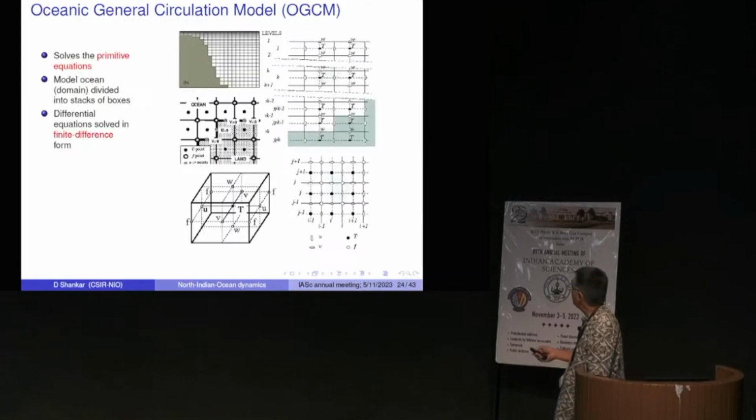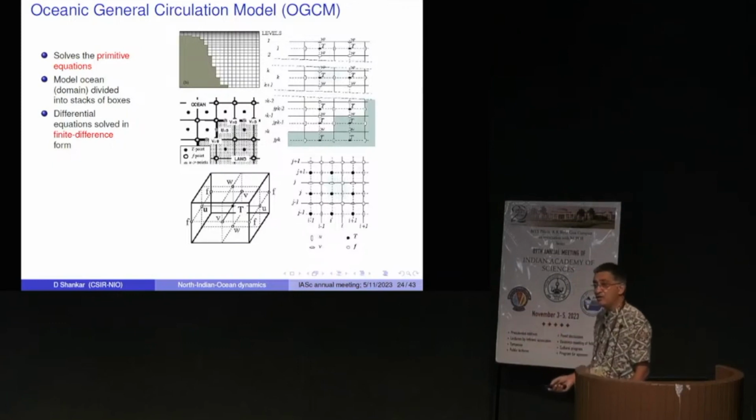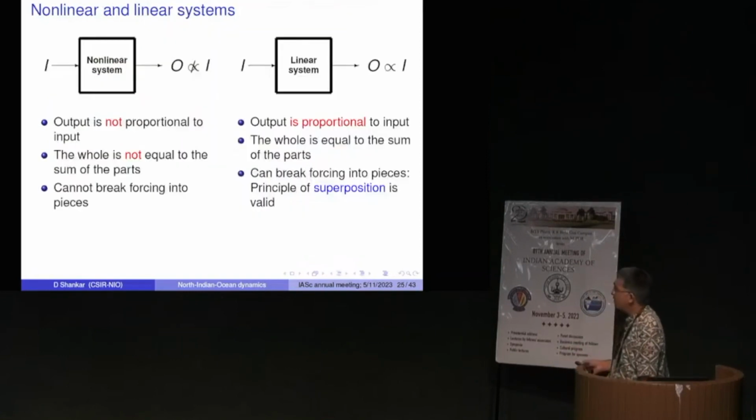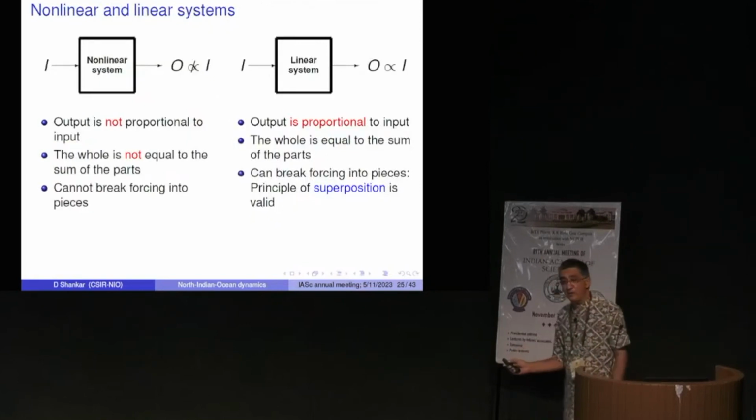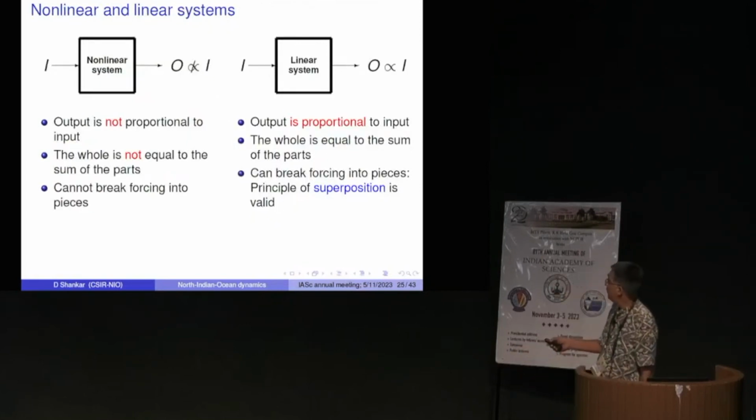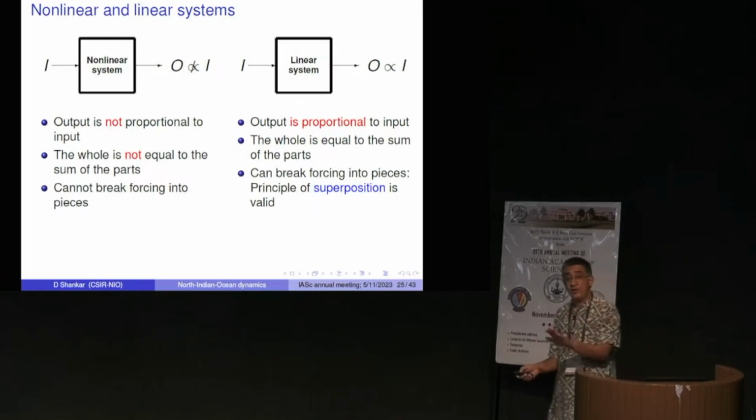A general circulation model basically divides the ocean into stacks in the horizontal and vertical and solves the primitive equations. They are nonlinear. And these are solved in finite difference form even today. So what is a nonlinear system and what is a linear system, for those who are not familiar with that? Suppose you have a black box. That's our system. And you have inputs I1 and I2 giving you outputs O1 and O2.